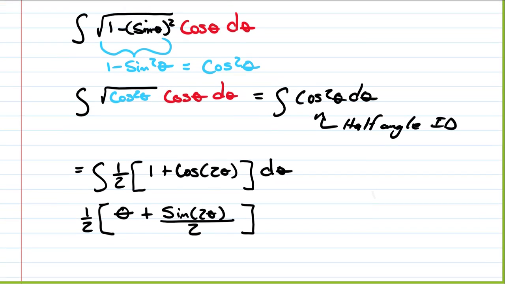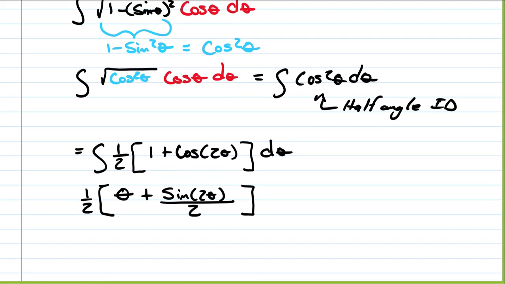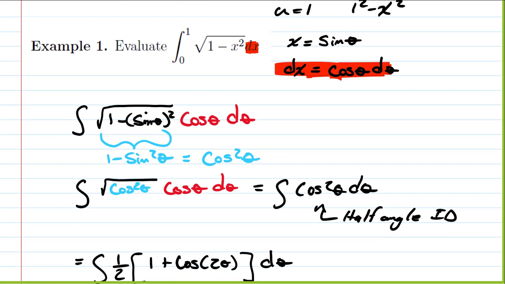Now we've got to be a little bit careful because this was a definite integral. So what do we need to plug in? Our limits of integration, right? But the problem is our limits of integration were originally in terms of what variable? X. And now we have an integral in terms of what variable?